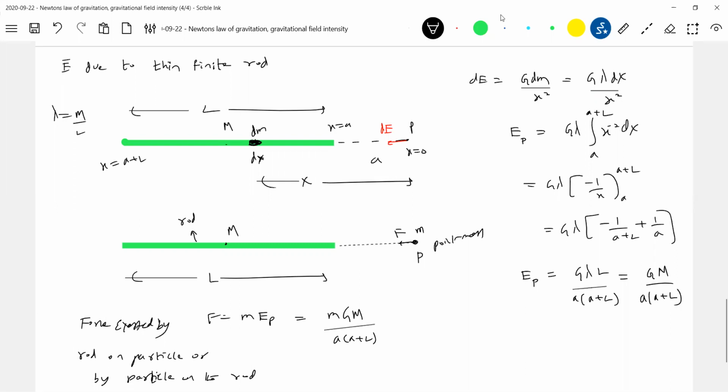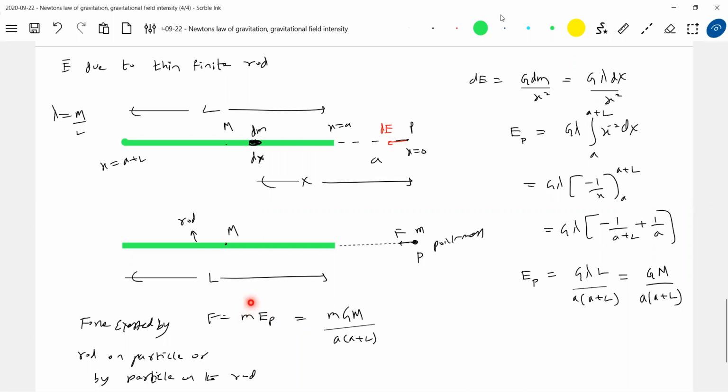Both are the same. Which one is easier? I'll just assume that the particle is present in the field of the rod, which I have found out. Or else what you can do is assume that the rod is present in the field of the point mass or the particle, then calculate, and you'll get the same answer.